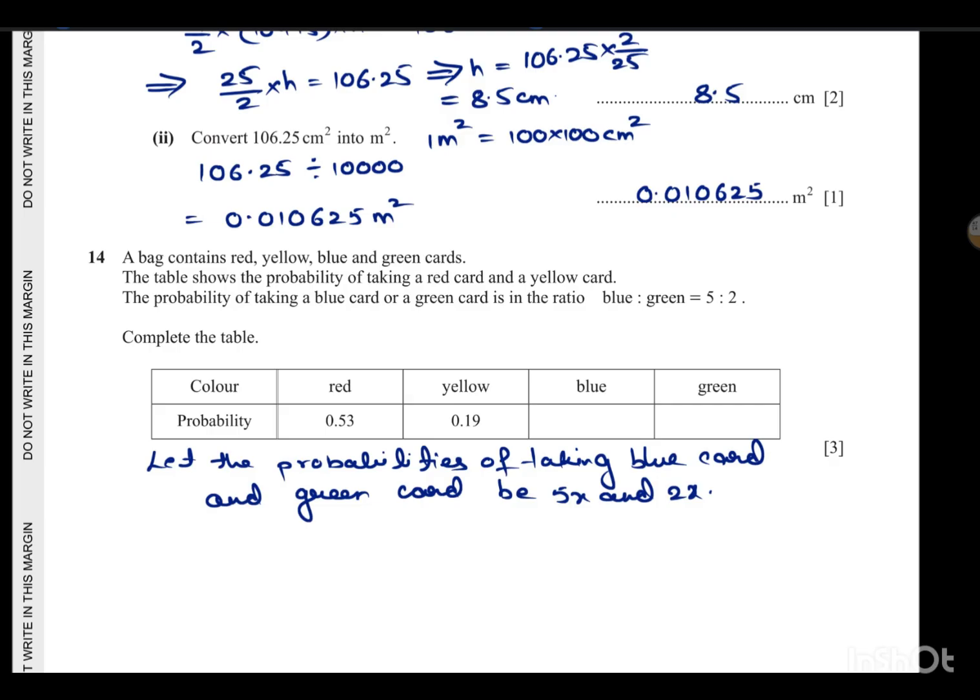We can take a common variable to find out, and as you get the variable value, you can find the probability. Now the sum of all the probabilities in an event will always be equal to 1.